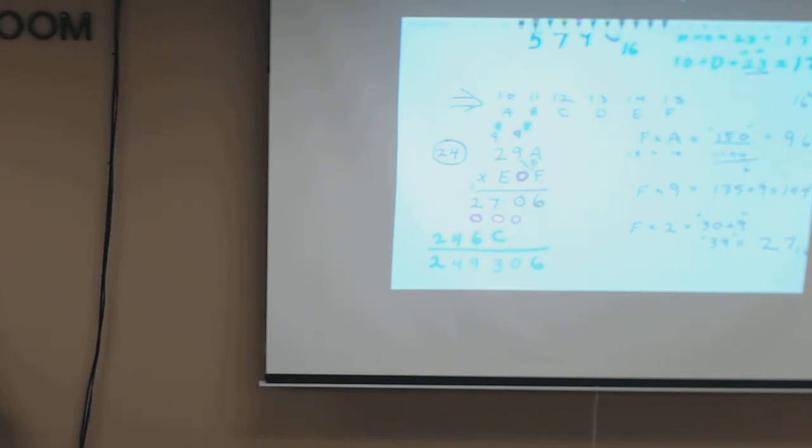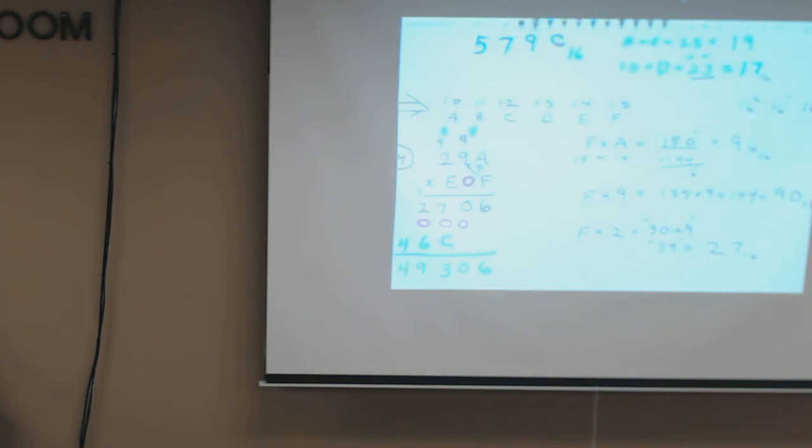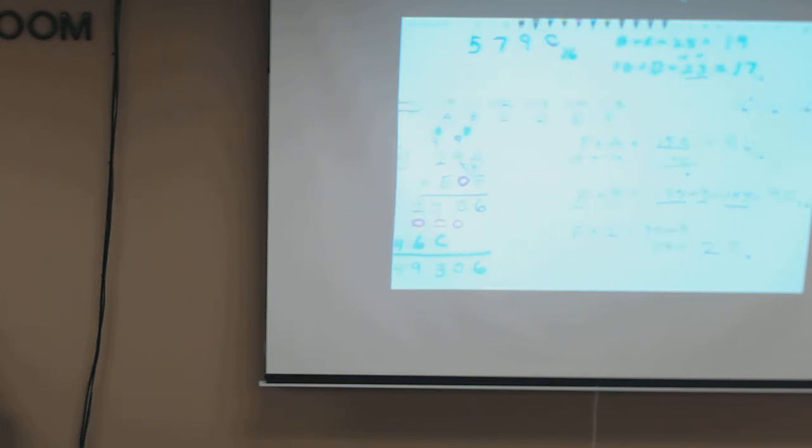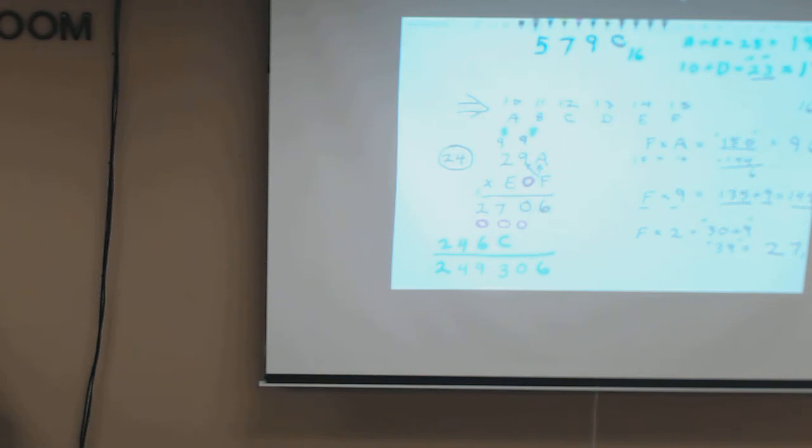And what's F times 9? 135. Plus I have to add that 9, so that's 144. And what's 144 in base 16? 9, 0. So I put down a 0 and carry the 9.